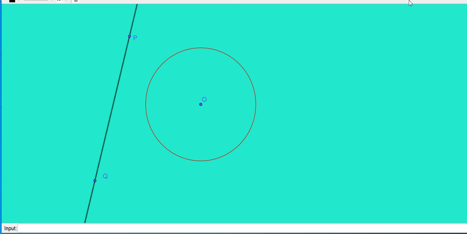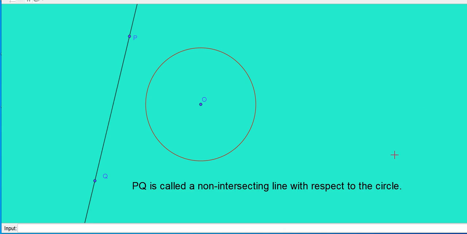Then we can call PQ a non-intersecting line with respect to the circle with center O. So we can write PQ is called a non-intersecting line with respect to the circle.